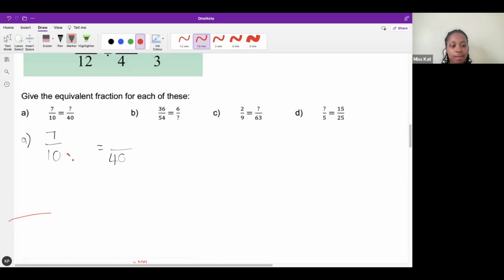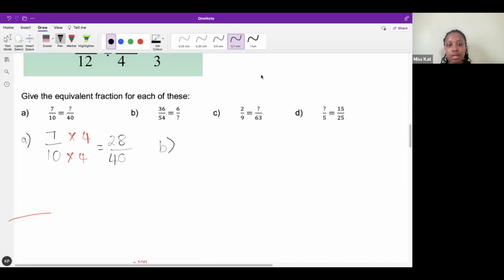Nice, Seth. I multiplied it by 4. So what I do at the bottom, I have to do at the top. So if I times the denominator by 4, then I have to times the numerator by 4. And now we know that our answer is 28 over 40. In this case, you don't simplify because you're going to end up right back at 7 over 10. Do you see that? They just wanted the equivalent fraction.